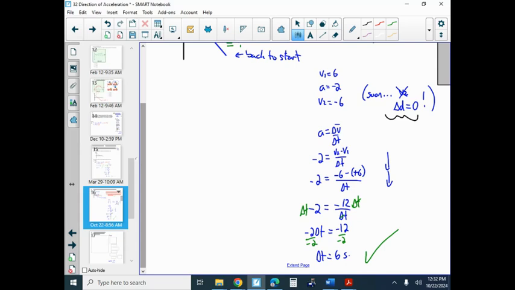So I could actually say, if we started with a velocity of 6 and had an acceleration of -2, how long until the displacement's 0? How long till we get back where we started? It's going to be a totally different approach, totally different looking work. It's going to spit out that same answer of 6. Okay, so we'll get there.